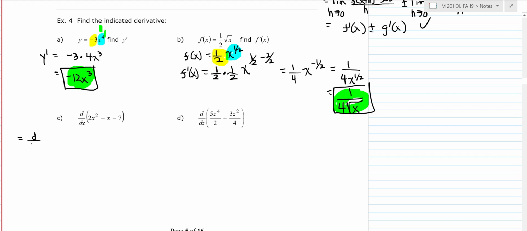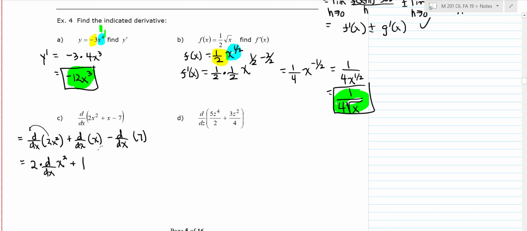So what we have is d dx, we're going to do the derivative of the first thing, and then plus the derivative of the second thing, which is x, and then minus the derivative of the next thing, which is 7. Okay, so that's what that sum difference property says that we can do. Then this is a constant multiple right here. So when you do this derivative, you can actually just say 2 times the derivative of x to the second. Okay, then we do these derivatives.